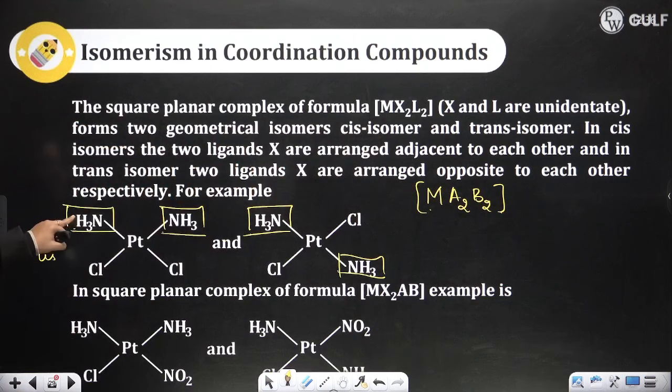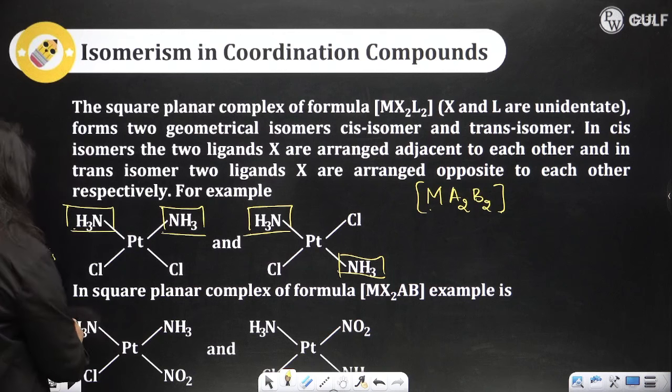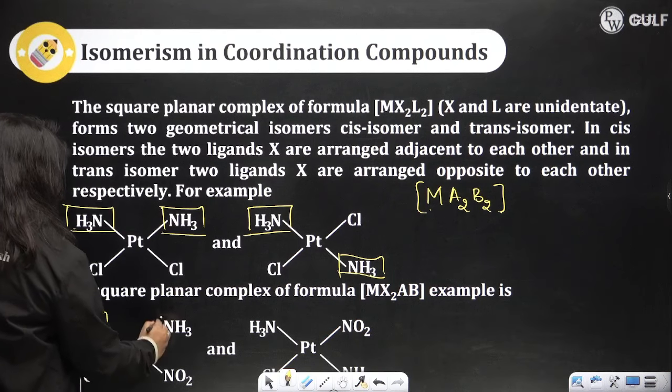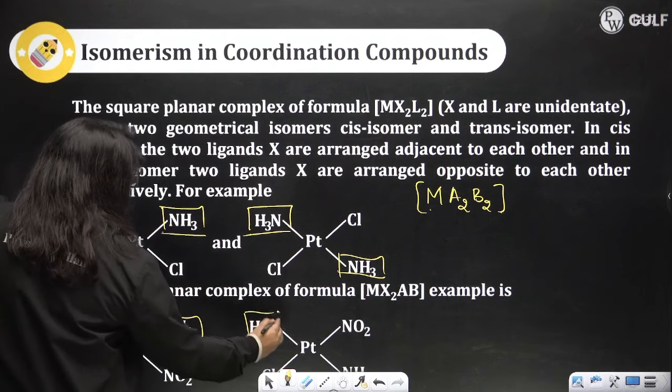Here we can say A is NH3, 2 NH3 molecules are there, and B is chlorine, 2 Cl molecules are there. This is in a square planar. Understand, tetrahedral molecules don't show geometrical isomerism because their arrangement is equidistant. Now, in a square complex of MX2AB, same ligands on the same side, and on the different side.